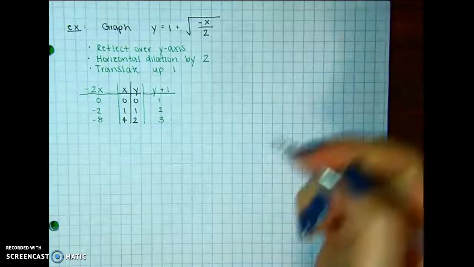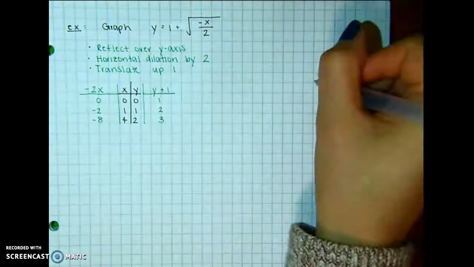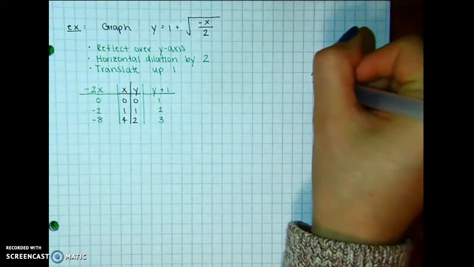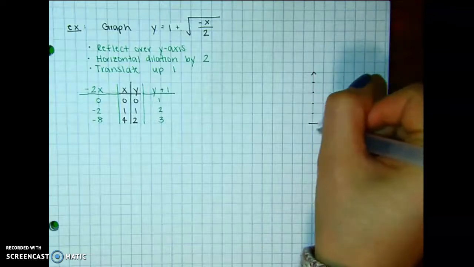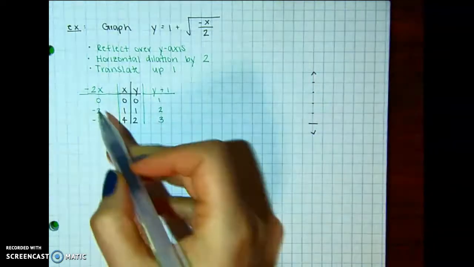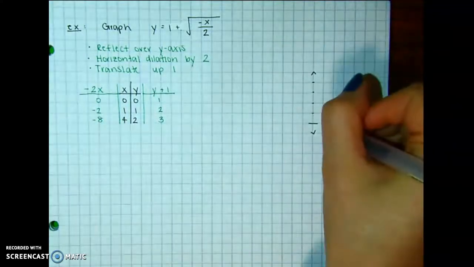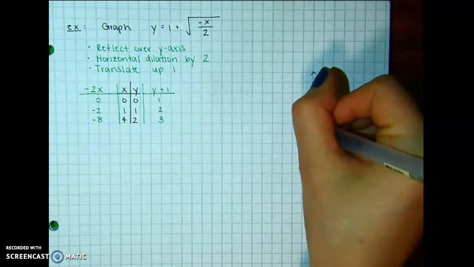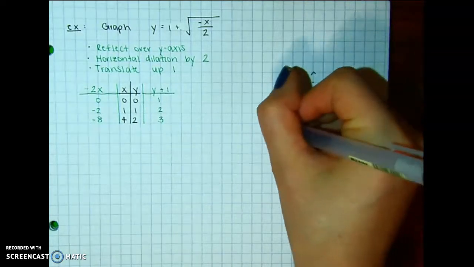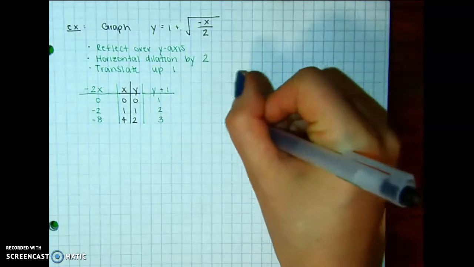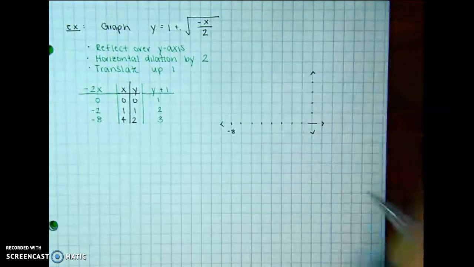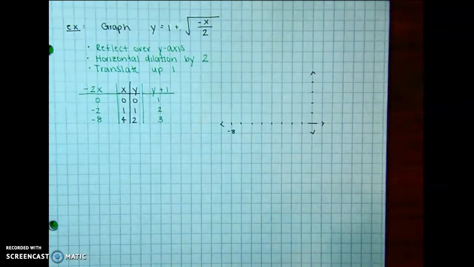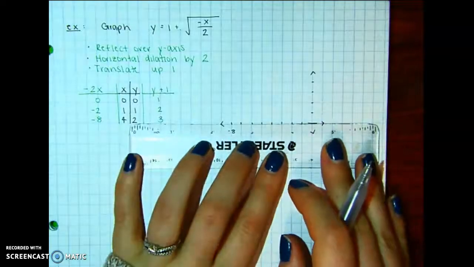Okay, so y values, I'm going to go up to 4. X values, I'm going to go to -8. Plot my points.